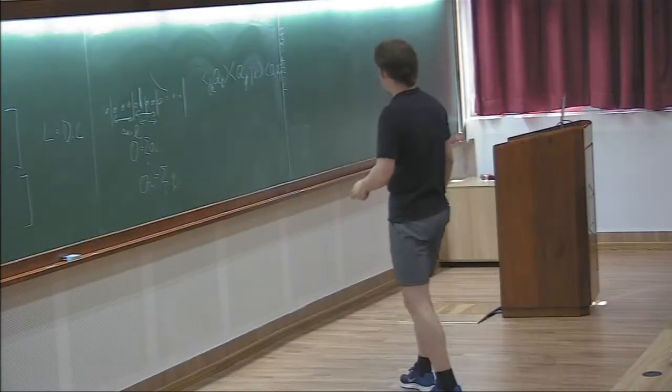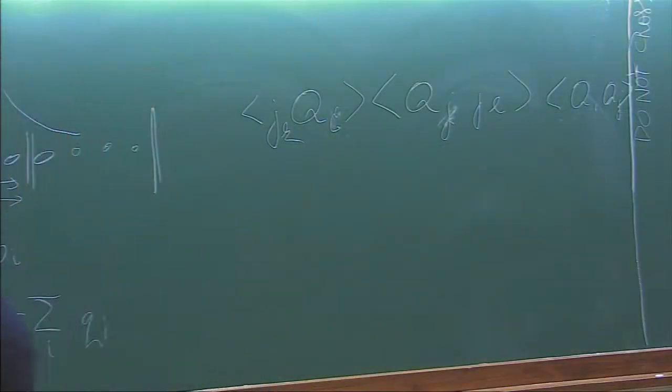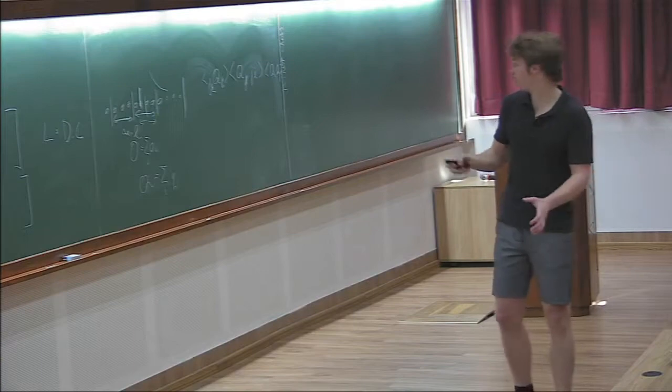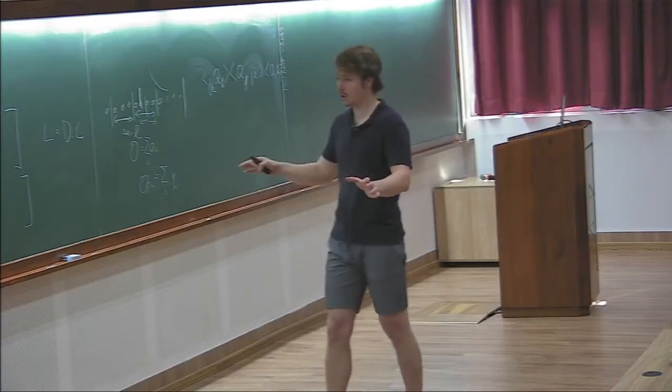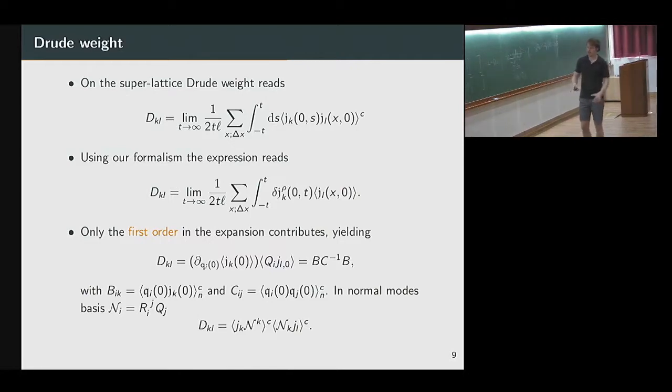And basically, this follows also from the idea of hydrodynamical projection, where you just say, well, what survives in the long time limit are just some conserved quantities. So I have to express this JK in terms of conservation laws.